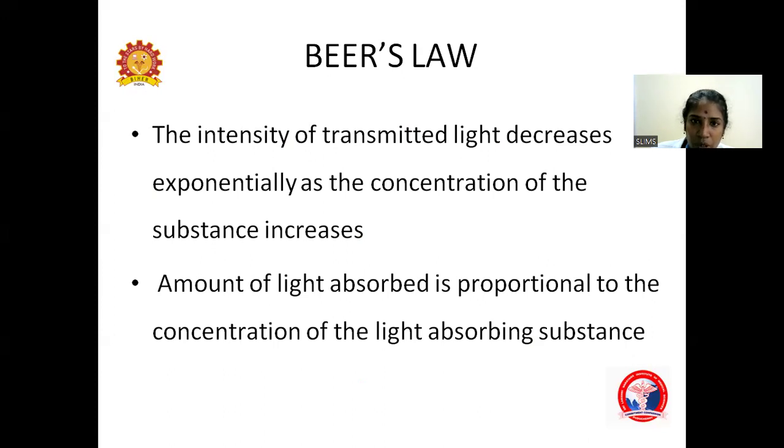So this is more important. So Beer's law and Lambert's law. Of this, Beer's law: the intensity of the transmitted light decreases exponentially as the concentration of the substance increases. And also the amount of light absorption is proportional to the concentration of the light-absorbing substance.